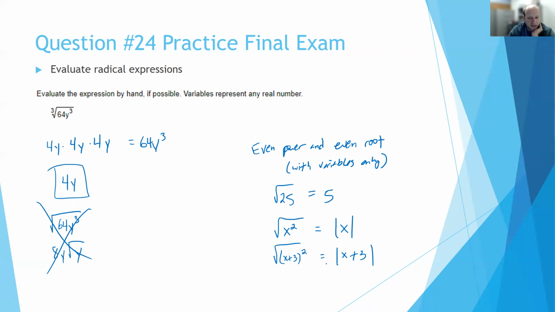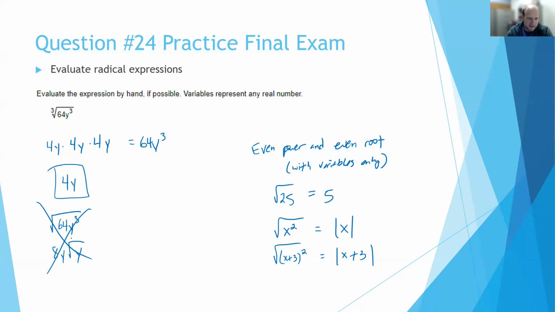This one I didn't need absolute value bars for, even though we had the variable y in here, because it's not an even power and it's not an even root. That was an odd index, or an odd root. It's an odd power. So I did not need that.